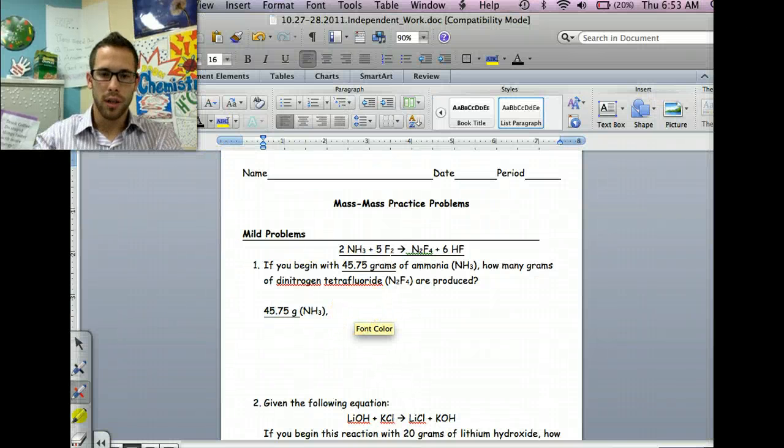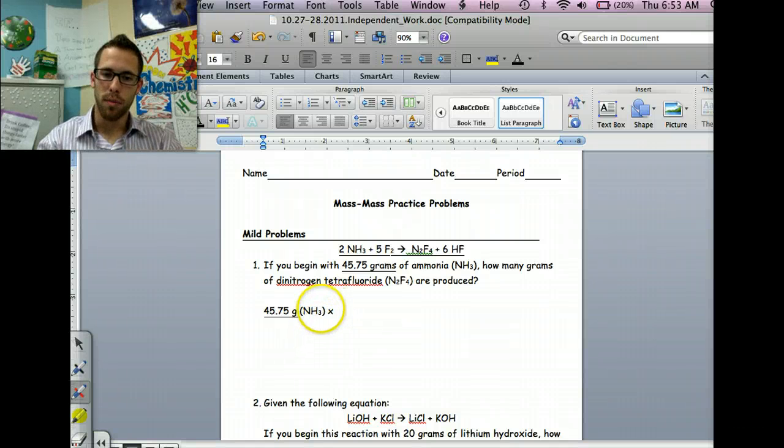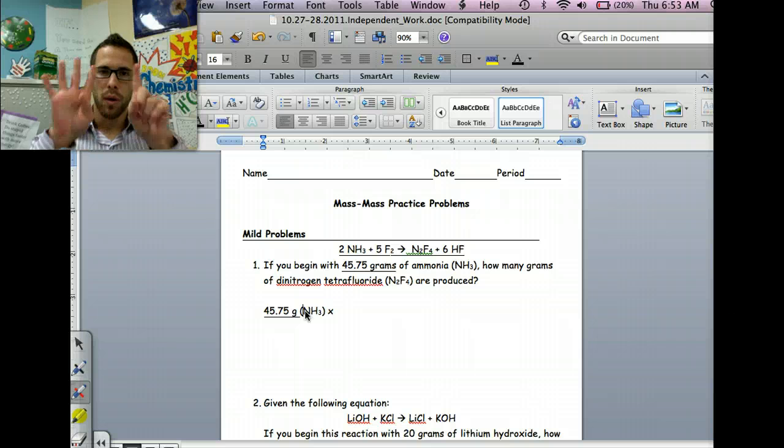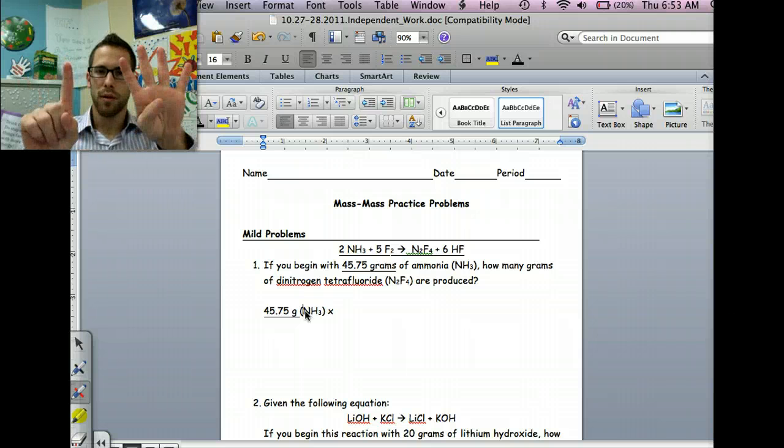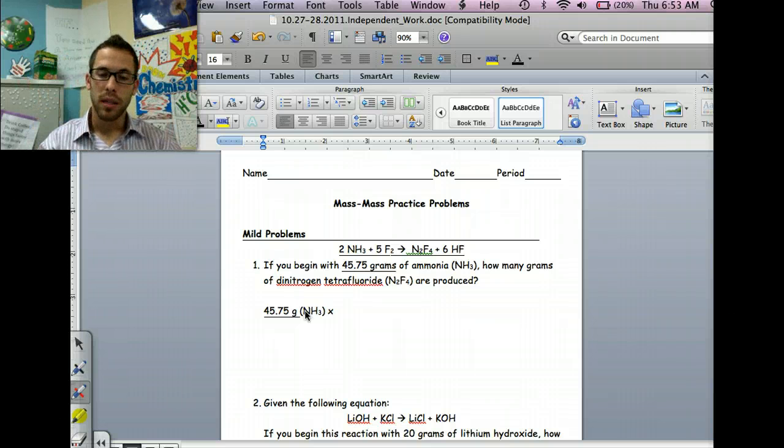So I need to go down the slide, which is going to require me to find out the moles of NH3. When I'm calculating the molar mass, I need to look at my periodic table and find out how much 1 mole of each of these elements weighs. I look at nitrogen and find out that nitrogen weighs 14 grams. Check it out on your periodic table. See if I'm right.